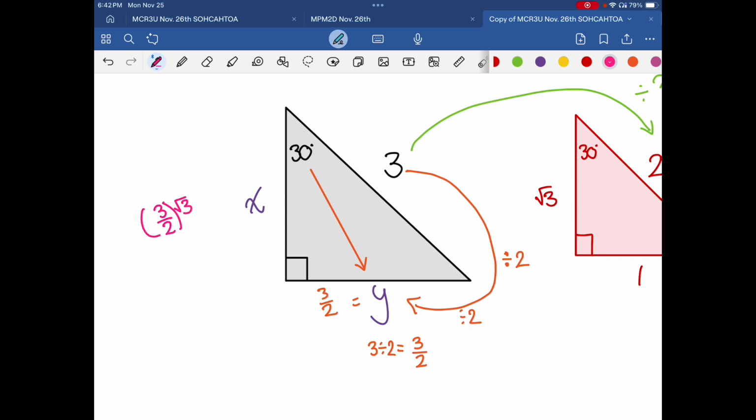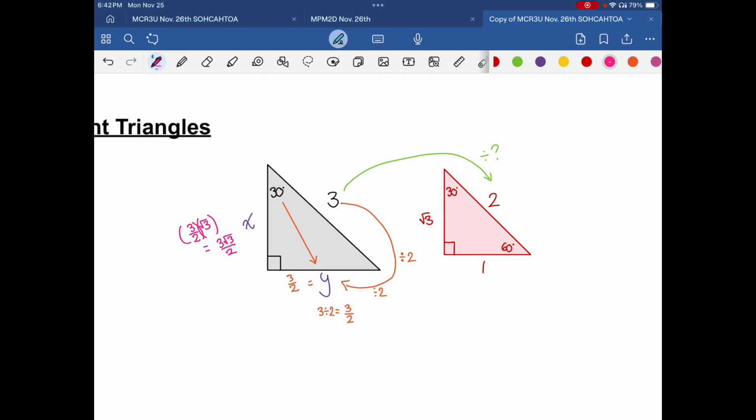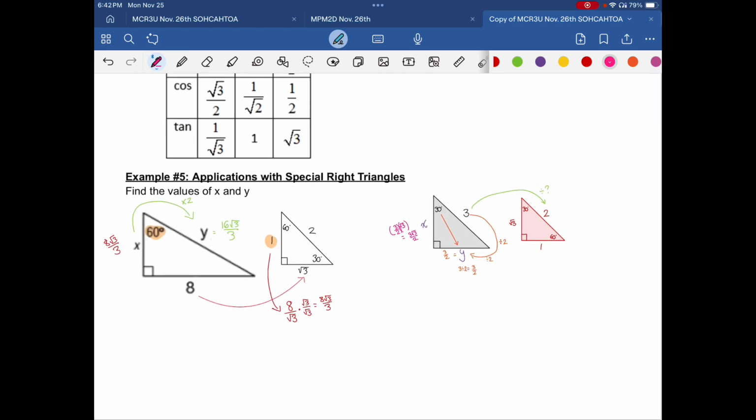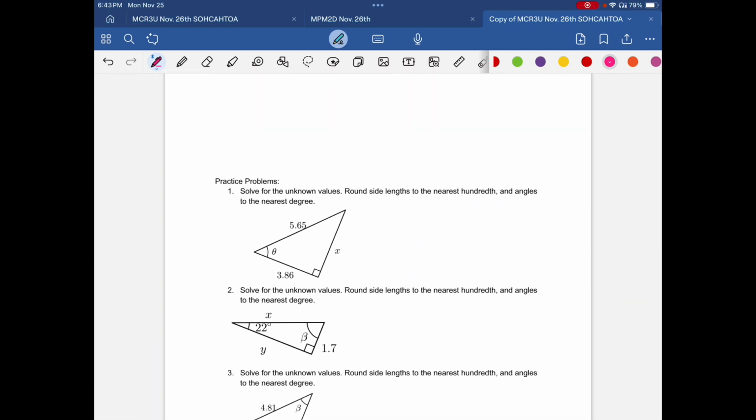So I multiply these together. What do I get? Please keep it in exact form. And I get 3 root 3 over 2. So that's one way to apply your special triangles knowledge. Then I have homework.